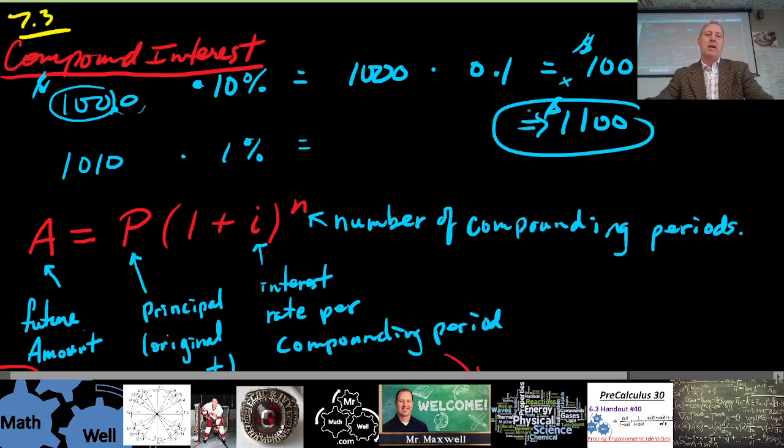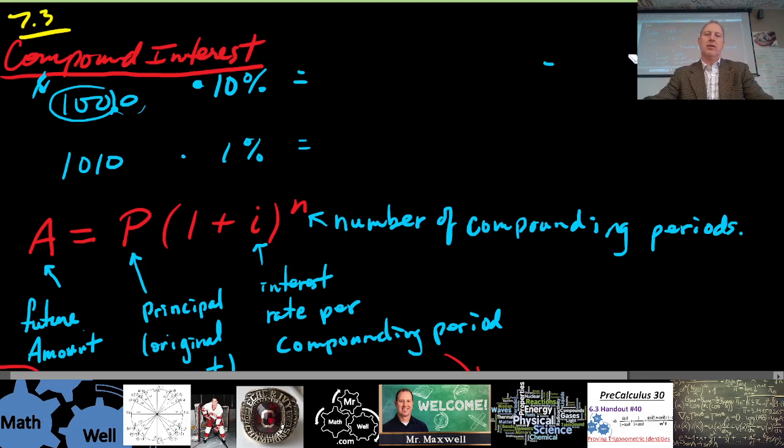All right. Now let's say you had compounding interest, and you had another 10%. I've changed this a bit, but now you've got 10% of 1,100. You see, 1,000 went to 1,100. So 10% of that is going to be $110.